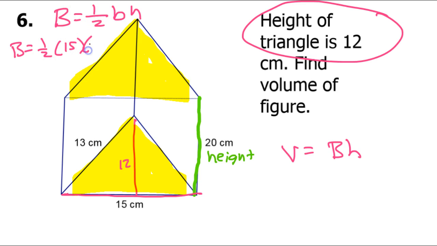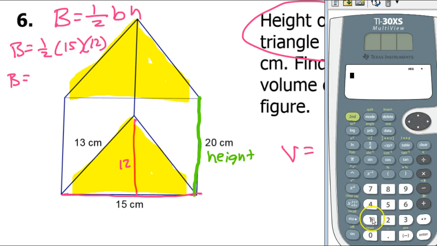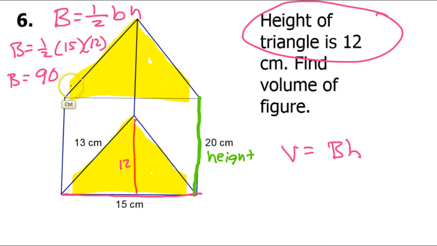So that's 1/2 times 15 times 12. That's not 1/2. Let's try that again. 1/2 times 15 times 12. 90. So that is the area of the base. So that's going to go right there.